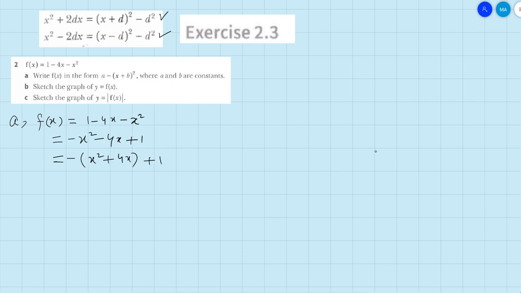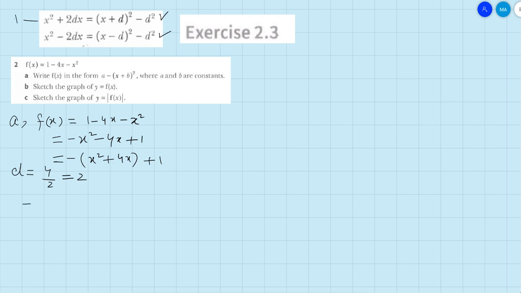Now if you see this formula number 1, x square plus 2dx is equal to (x plus d) whole square minus d square. First we have to obtain d. What is d? For d we have to divide the coefficient of x by 2. Always divide by 2? Yes. Whatever the coefficient of x, we always divide it by 2.